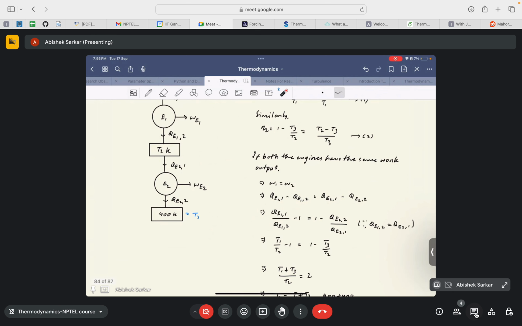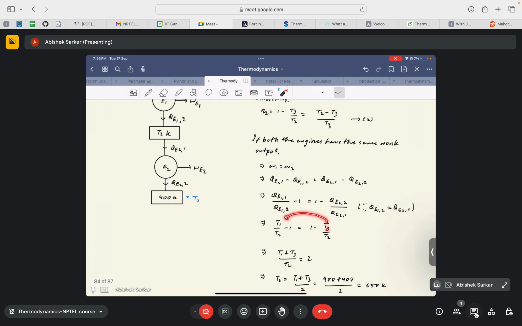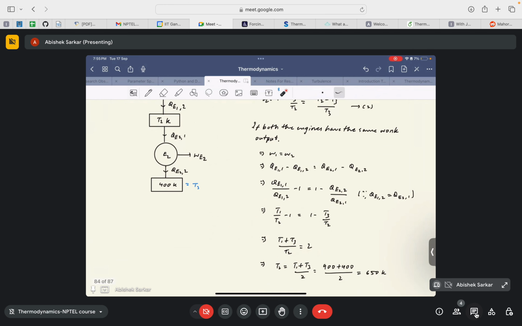From this equation, taking this one on this side, we will have T1 plus T3 by T2, since the denominator is the same, equal to 2. So T2 is T1 plus T3 by 2, that is 900 plus 400 by 2, which equals 650 Kelvin.